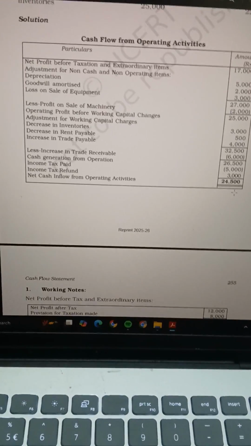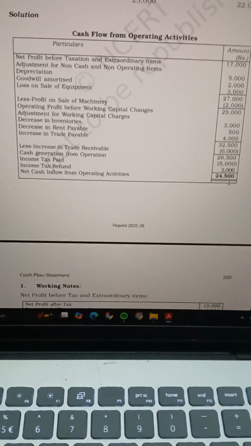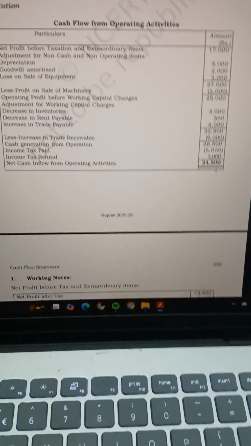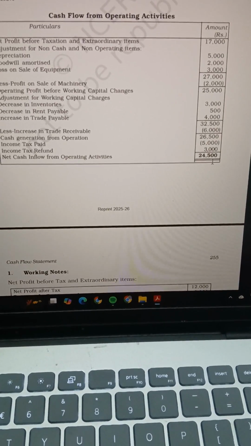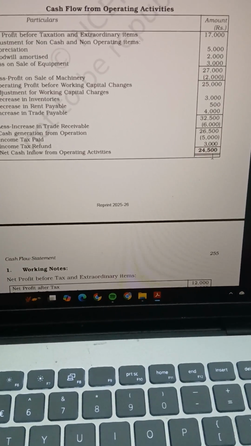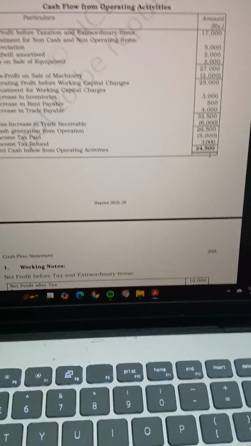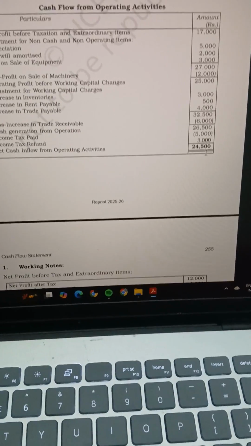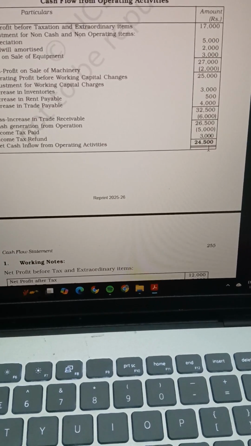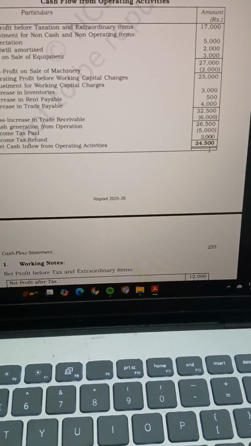So we have to write the heading cash flows from operating activities. The format I have discussed in the previous class. The first item is net profit before taxation and extraordinary items. That is 17,000. Then we have to add certain items, that is, the adjustment for non-cash and non-operating expense items.